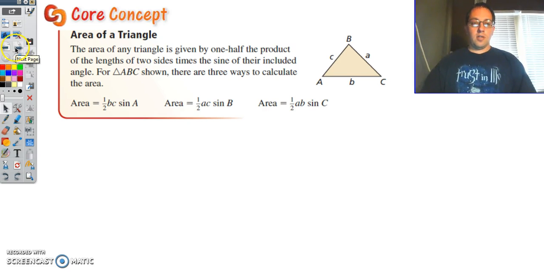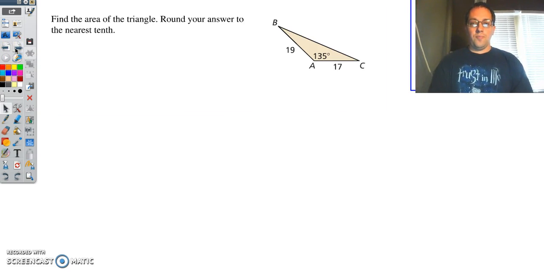So let's take a look at this example here. We need to find the area of this triangle. We do have side, angle, side right there. And so we can do this, even though we don't have a clue what this height is. All we're going to do is take 1/2 times this side, times this side, then times the sine of 135.